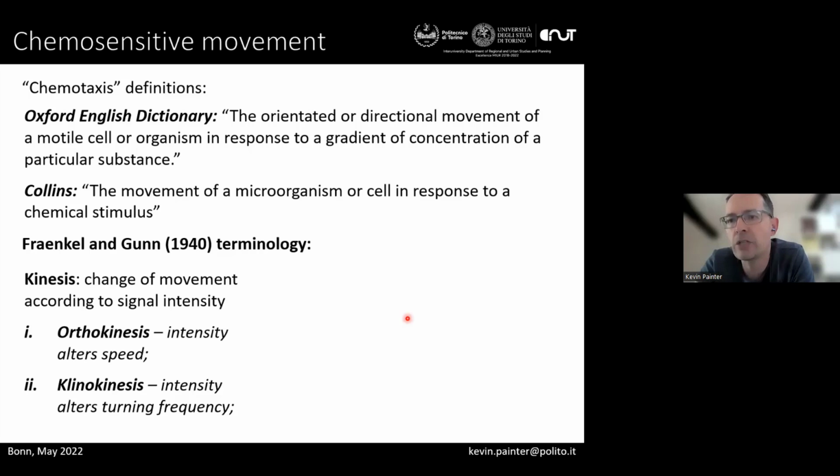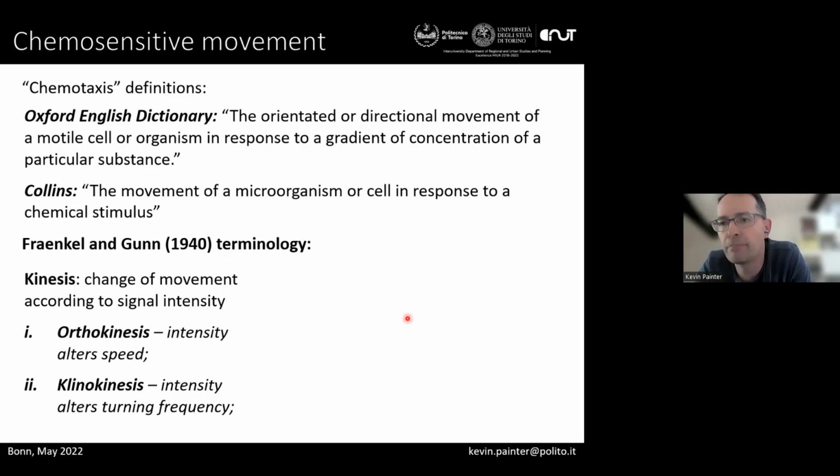Essentially, they describe two principal types of movement. The first one is what we call a kinesis. In a kinesis, we have a change of movement according to a signal intensity. That's effectively my E. coli cells. They detect the concentration, the signal intensity, and they change their movement accordingly.